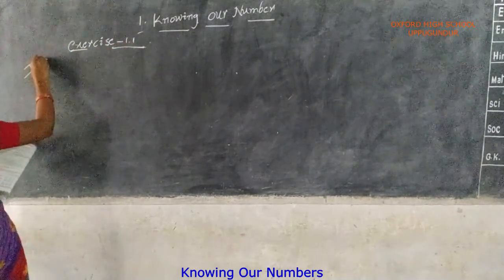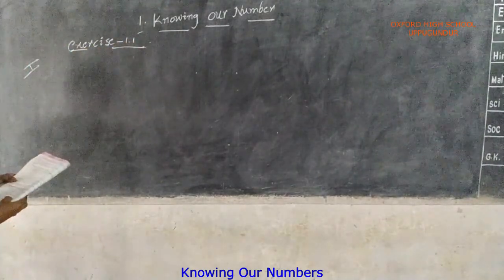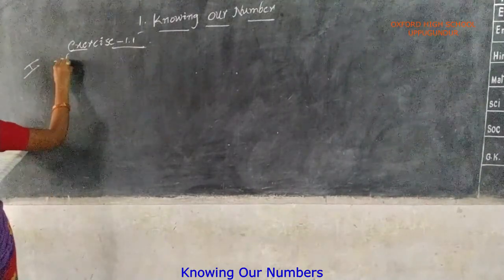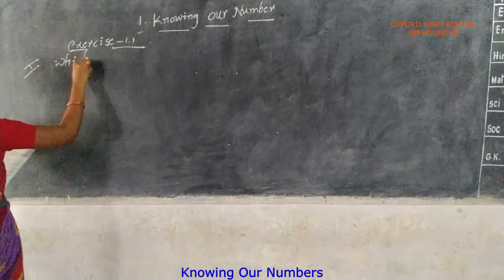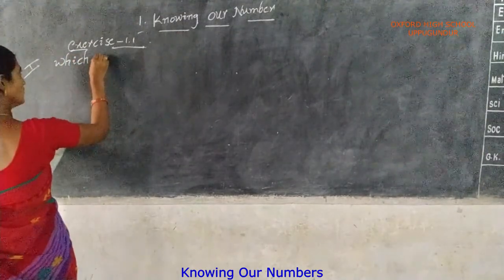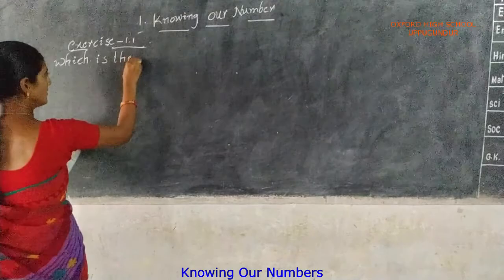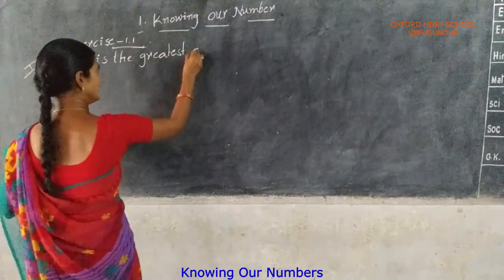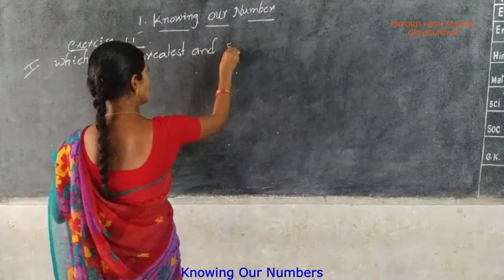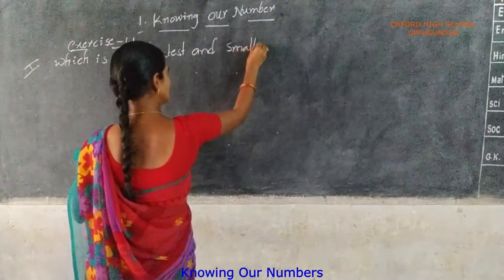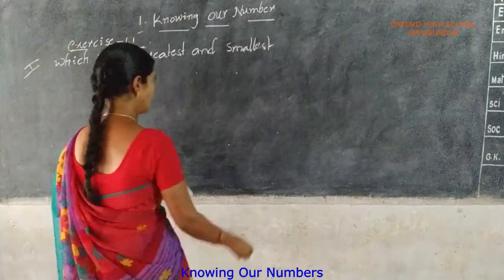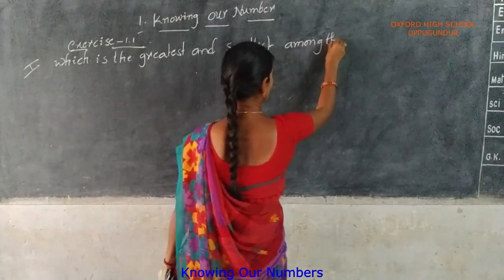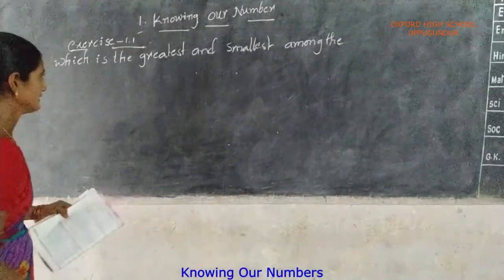First question: which is the greatest and smallest among the group of numbers?